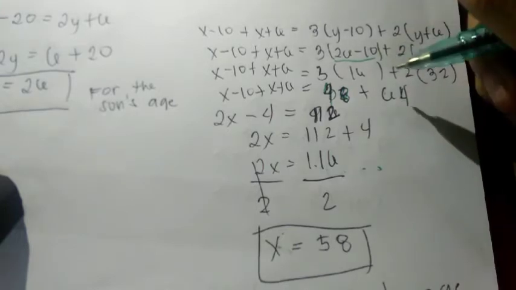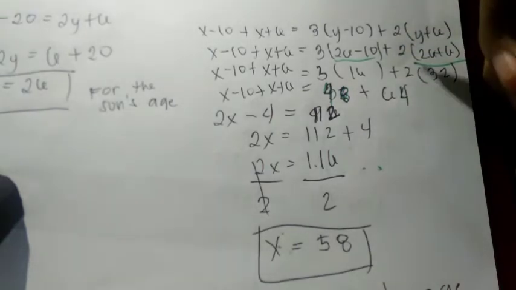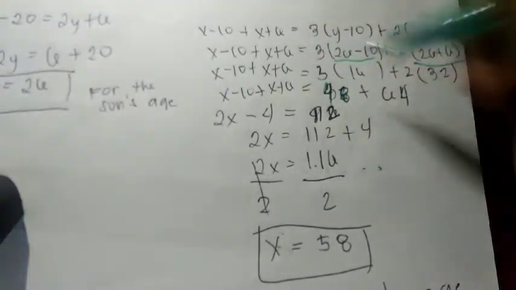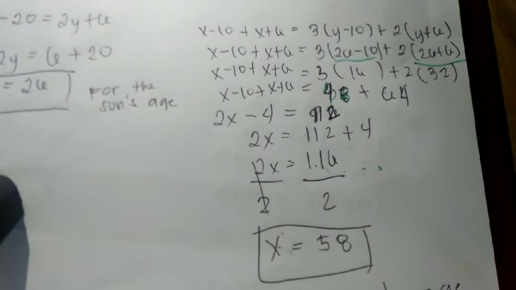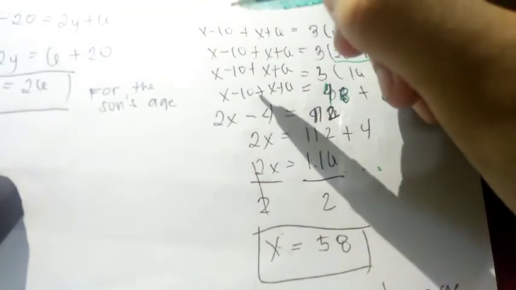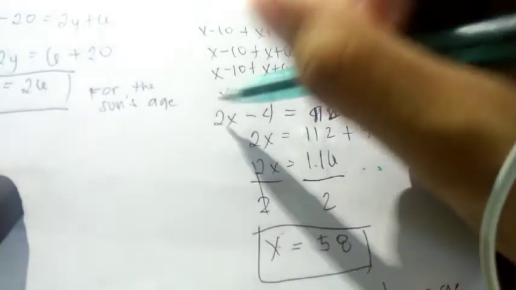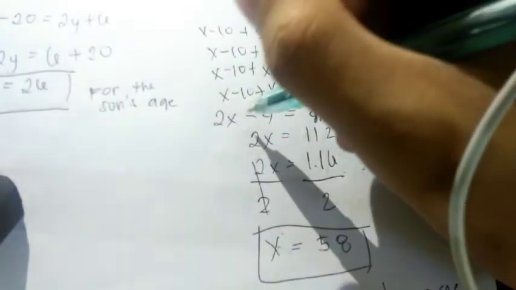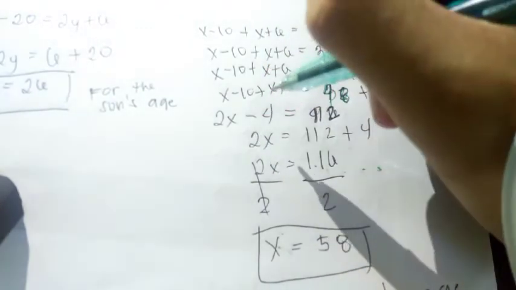So we have 64. After we get that, we have to add this where we have 112, and let's combine like terms. So we have 2x minus 4.